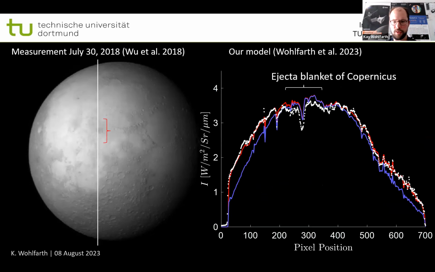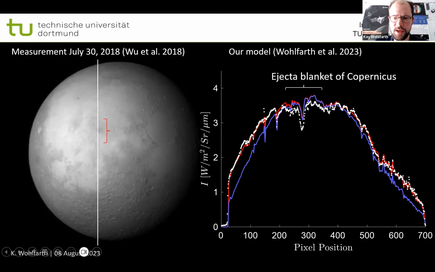Then I looked at this profile. Blue is the smooth model, white are the data points, and red is the rough model, and we can see that it describes the data quite well, except for this region here, which corresponds to the ejecta blanket of Copernicus.